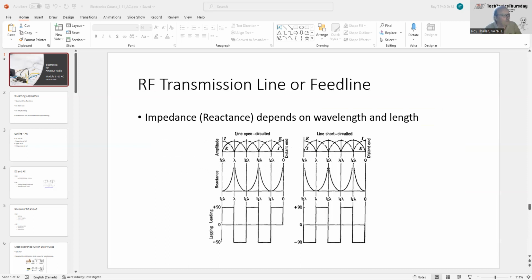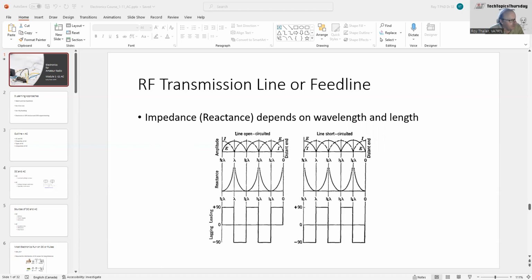And just to introduce this, if you have a feed line like a coax cable, and you look at the end, you have a couple of things happen.